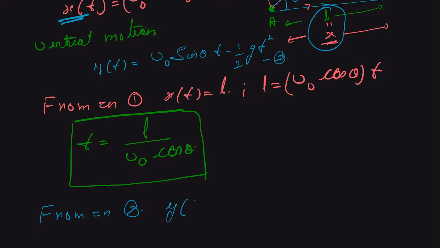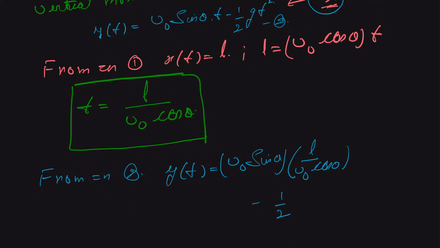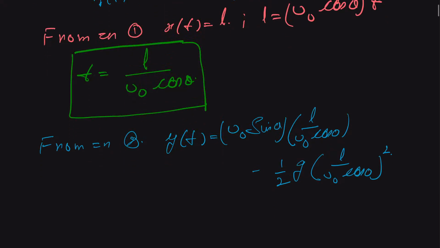So from equation 2, we get y of t is equal to v naught sine theta multiplied by L over v naught cos theta, minus 1 by 2 g times L over v naught cos theta, whole square. And we can solve it a little bit.